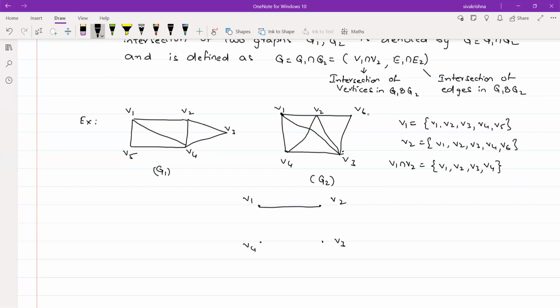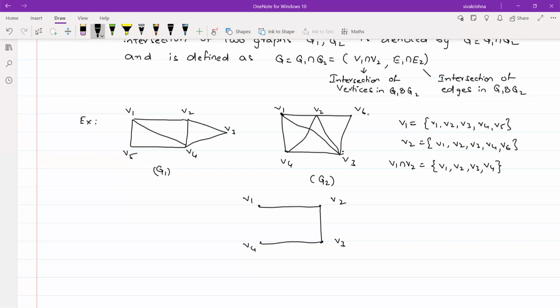Okay, from V2 to V3 we are having an edge in both the graphs, so we can draw an edge from V2 to V3 in G1 intersection G2. Similarly, we are having an edge from V3 to V4 in both the graphs, so we can represent an edge from V3 to V4.